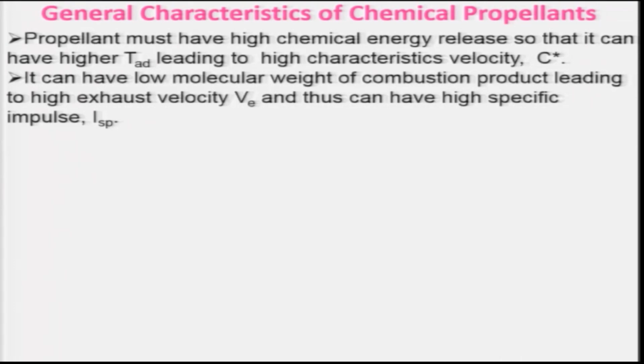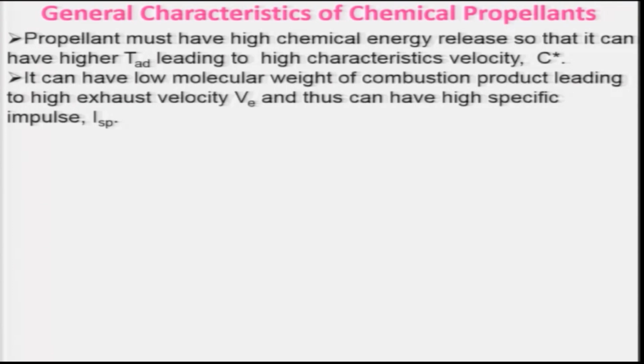And it should have a low molecular weight of the combustion product, because the exit velocity or exhaust velocity VE from the nozzle is inversely proportional to the molecular weight. That means the smaller the molecular weight, the higher the exhaust velocity, and if the exhaust velocity from the nozzle is higher, then naturally the specific impulse produced by the rocket will be higher.